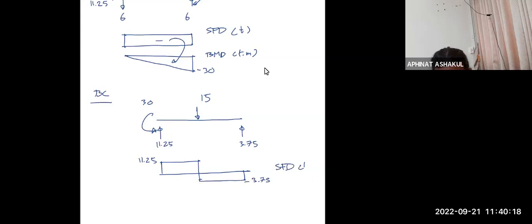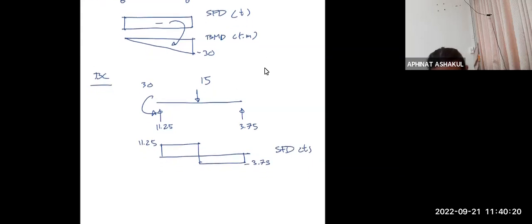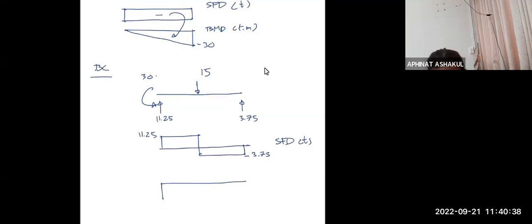Force diagram in tons and the bending moment diagram. Okay, that is the negative value that you begin with. For those of you who still cling to the idea that this is a simple beam, you get it wrong because you will now have what we call end moments. Okay, that is minus 30.